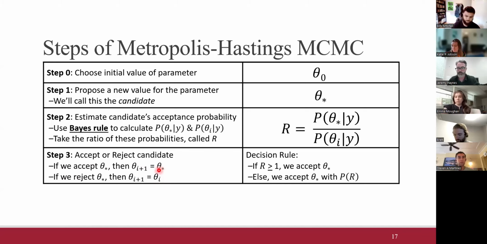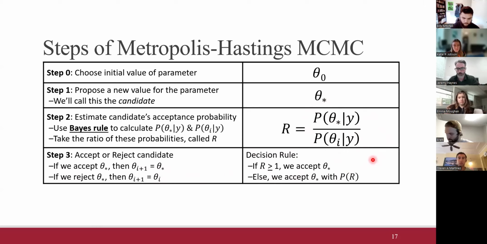And the rule to determine whether we're going to accept or reject this is that if the ratio of those probabilities is greater than 1, so again, if the probability of the candidate is higher than the probability of the previous sample, we're going to automatically accept that candidate. That's going to be put into our MCMC chain. And really what we're building in the MCMC chain is our posterior distribution.